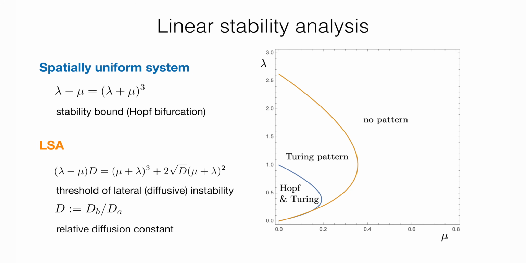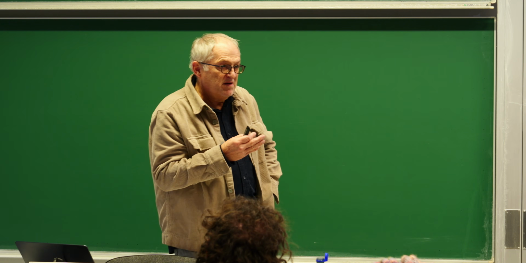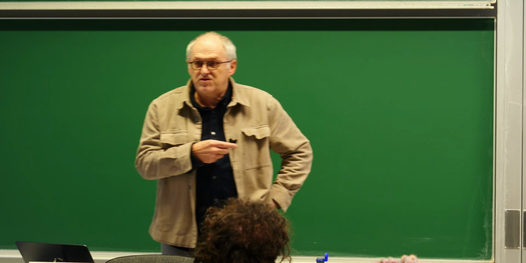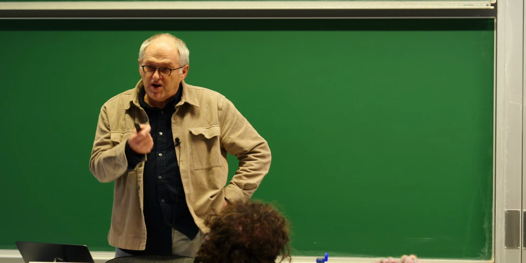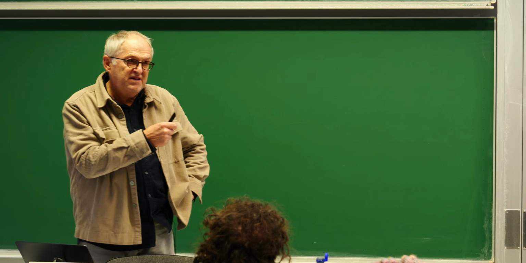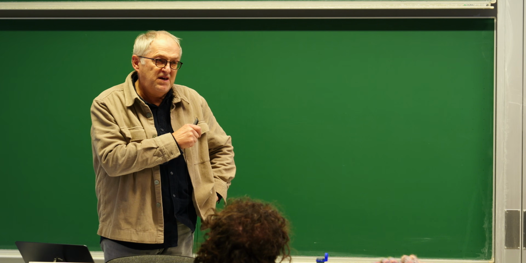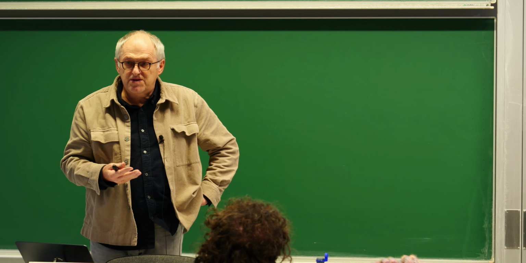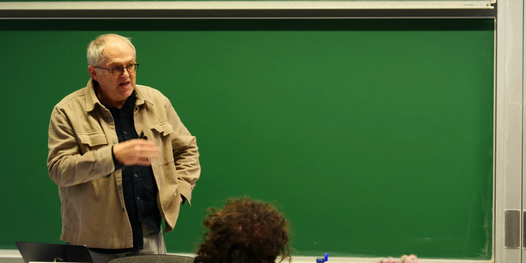And remember, for a Turing system, what we wanted to analyze is the regime where you do not have a Hopf bifurcation. By construction, we assumed in the analysis that I gave you yesterday that the fixed point of the ODE system that we start with is a stable fixed point.